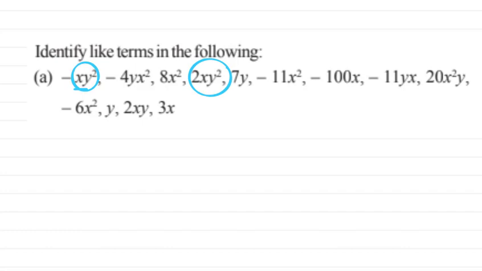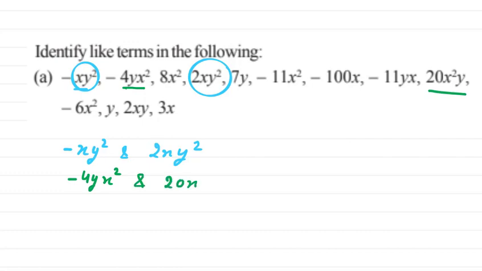So these two are like terms, which are minus x y square and 2xy square. Now let's see the other one also. This is yx square, so is there any other yx square? Yes, one more. The next pair is minus 4yx square and 20x square y. So this is the like term.